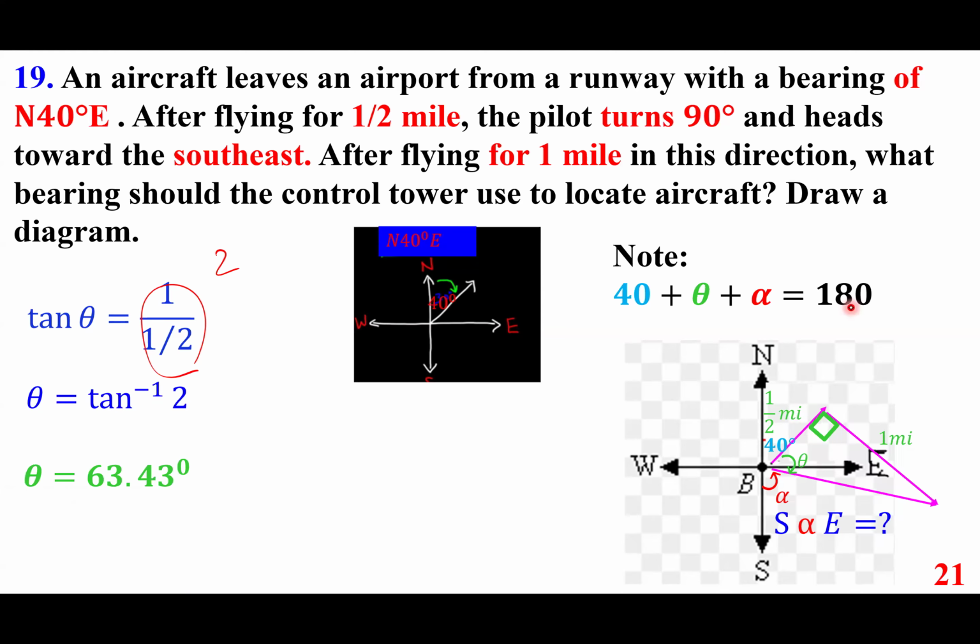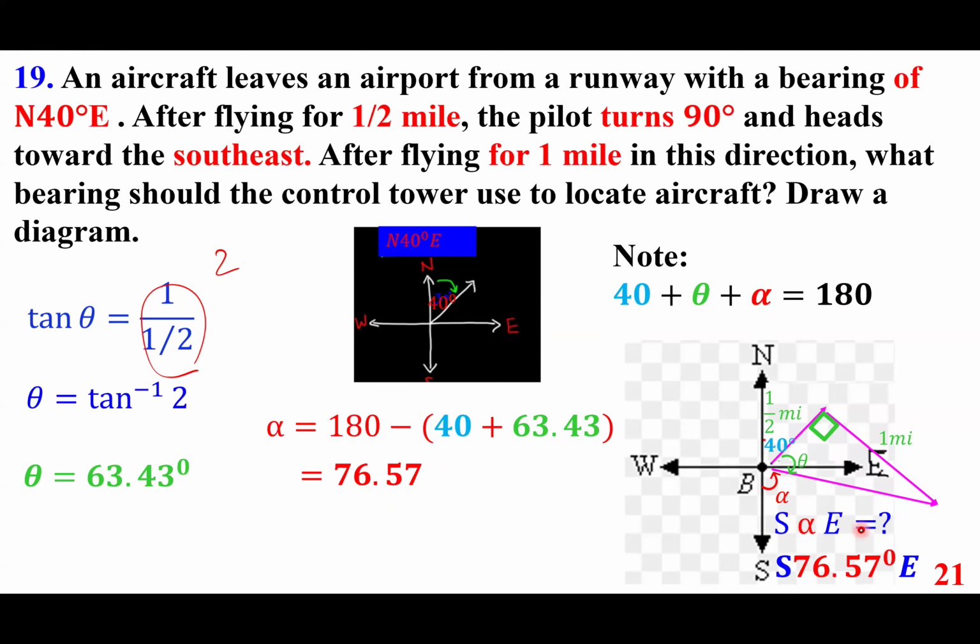If the sum is 180, then alpha is 180 minus the sum of 40 and theta, which is 63.43, resulting in 76.57. So south, alpha is 76.57 degrees east is the final answer. So pretty straightforward, everybody.